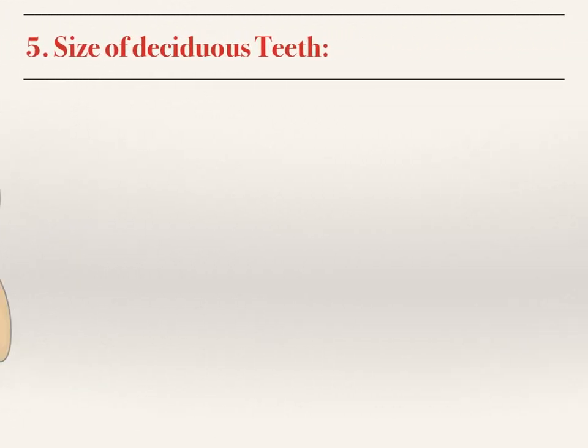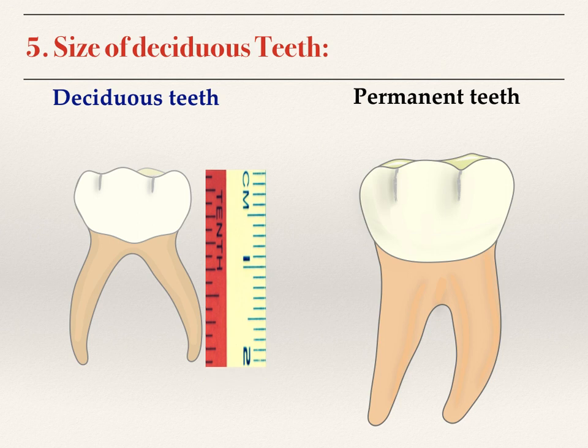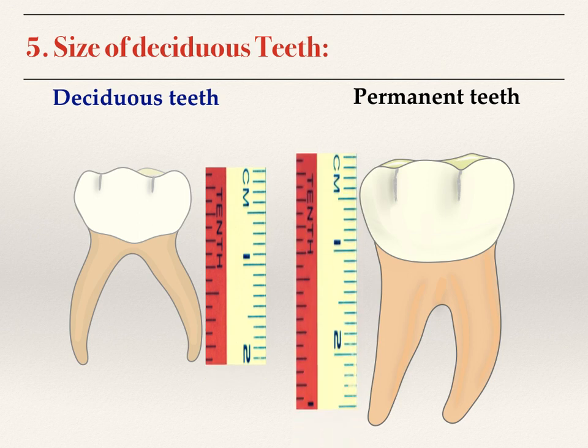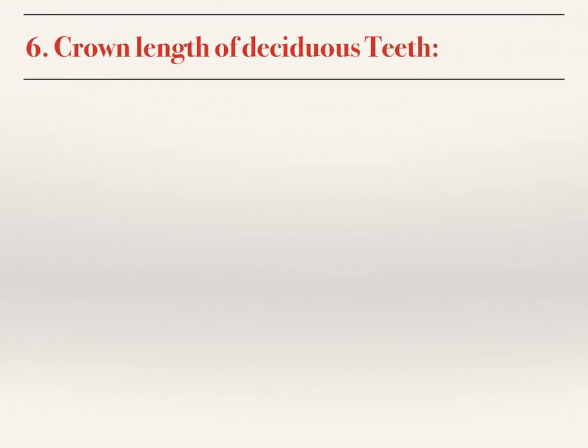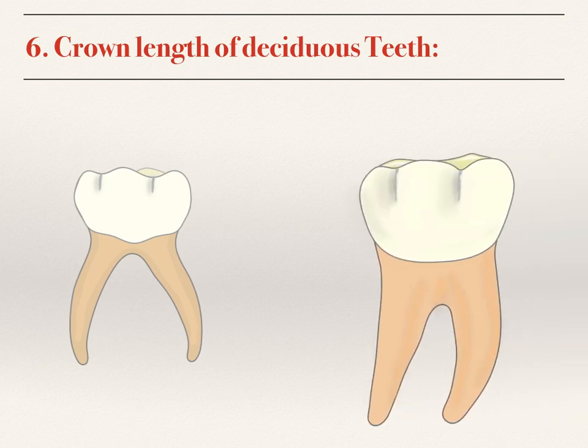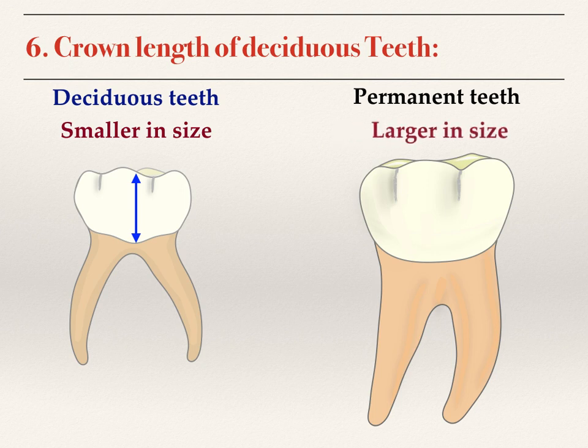Size of deciduous teeth: deciduous teeth are smaller in size than permanent teeth, as the measure appears. Crown length of deciduous teeth: the crown is smaller in size than in the permanent teeth.